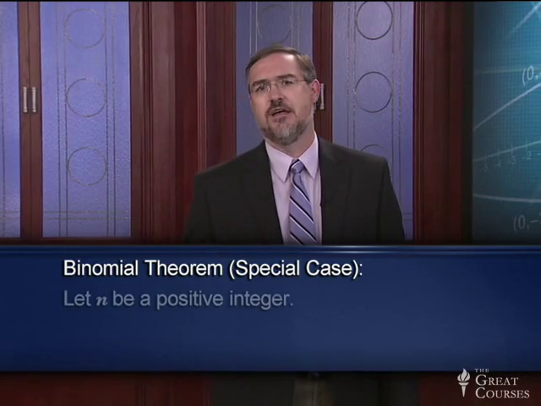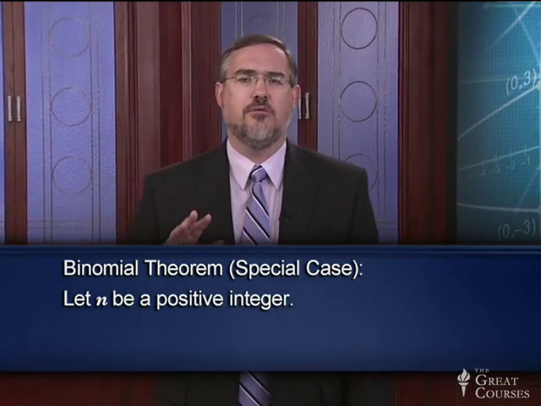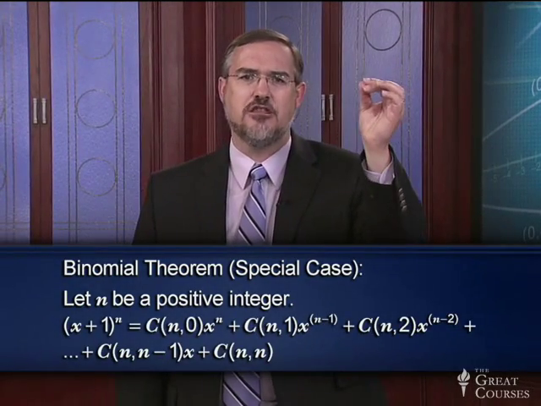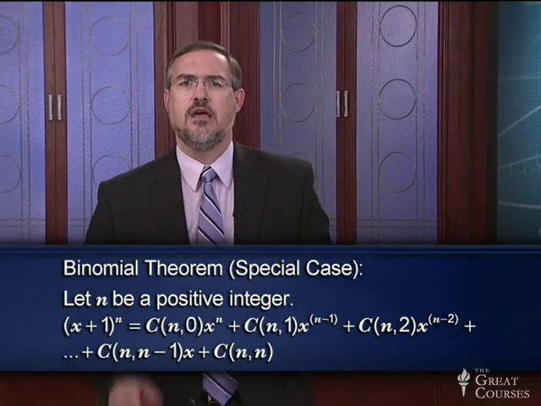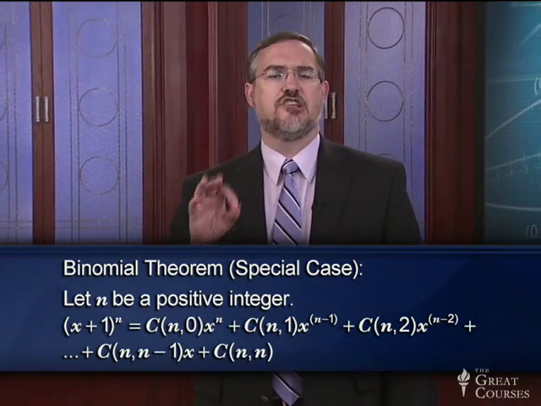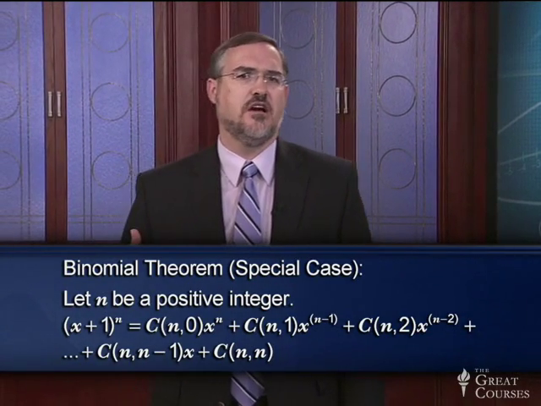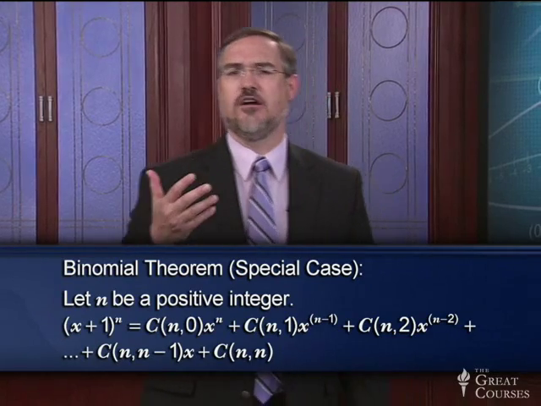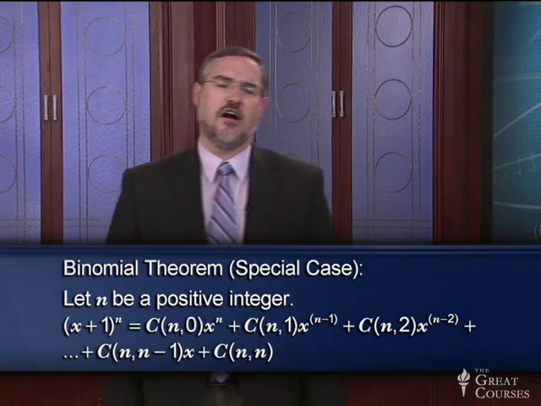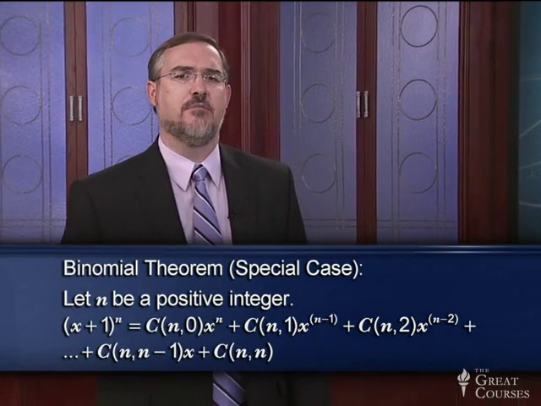So here it is. I'm going to let n be some positive number. Then the binomial theorem says that x plus 1 raised to the nth power is equal to C of n comma 0 times x to the n plus C of n comma 1 times x to the n minus 1 plus C of n comma 2 times x to the n minus 2 plus ... C of n comma n minus 1 times x plus C of n comma n.